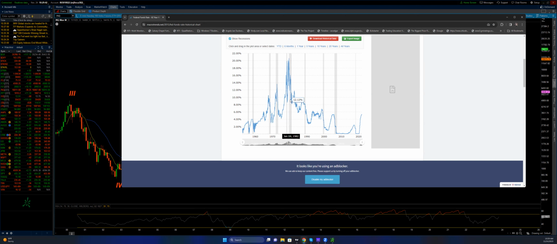But then rates began to fall. And we have the 87 crash, would have been right here. That's August. So the 87 crash really was at the bottom of this thing. And rates started to go up afterwards, after the crash.